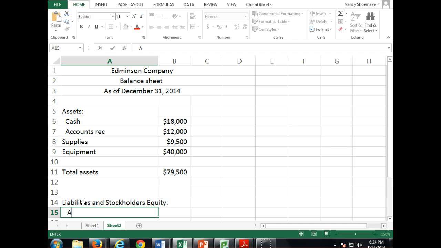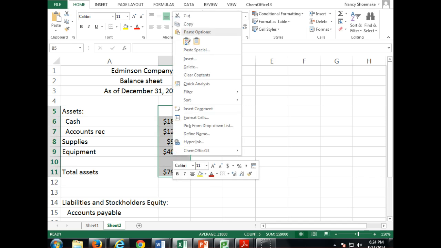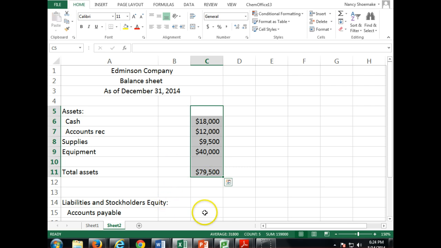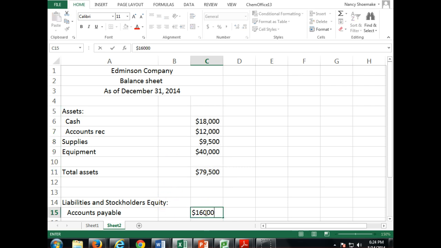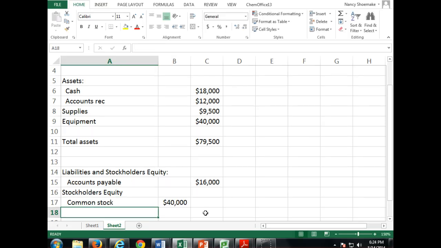Then if we show our liabilities and stockholders' equity section, we're going to start with our liabilities, accounts payable of how much? 16,000. And then our stockholders' equity section, we've got our common stock of how much? 40,000, and then our retained earnings.